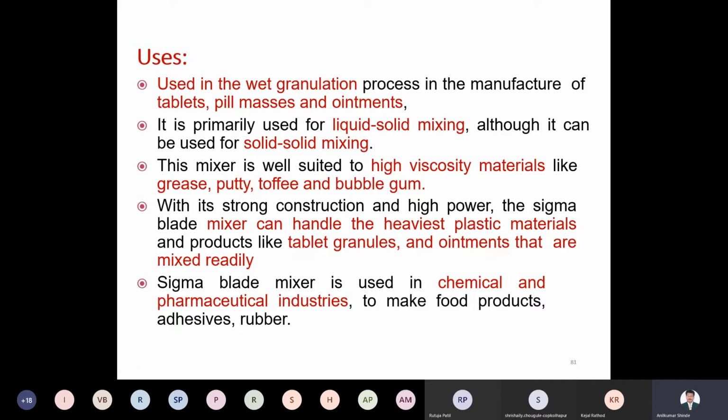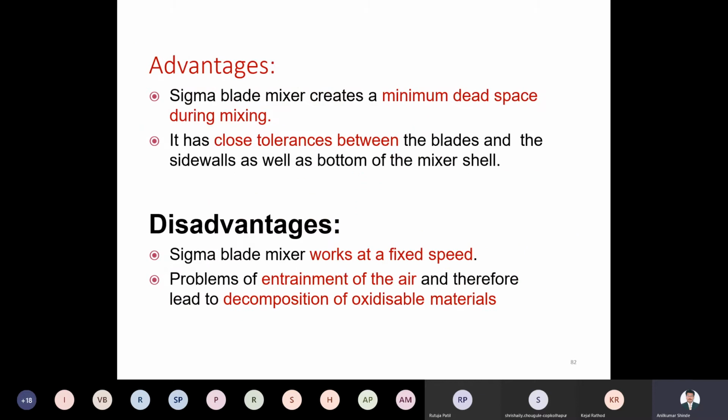So such a construction of the sigma blade is required. The sigma blade mixer is also used in chemical industries, pharmaceutical industries, food industries, as well as for preparing different additives and different rubbers. These are the general things. So it is an all-purpose mixer, and this is a perfect mixing of the semi-solid.